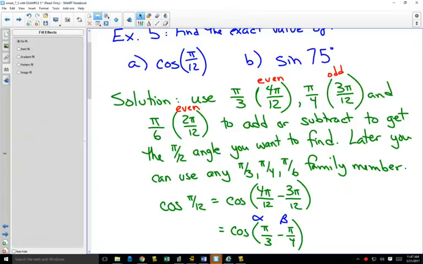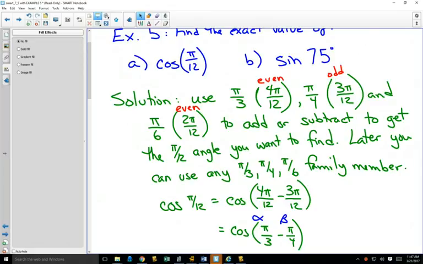And the reason it's important to recognize that only the pi over 4 is an odd number is because if you add two even numbers, you always end up with an even number. If you subtract two even numbers, you always end up with an even number. The only way to get an odd number is if you use a pi over 4 family.